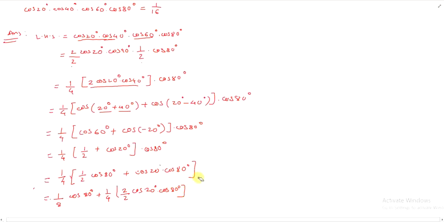Okay. Now here we can write, since there is no case, so for that purpose let us see how to write it. It is equal to 1 by 8 cos 80 degree plus 1 by 4, and this 2 again, and inside the bracket only 2 cos 20 degree cos 80 degree.